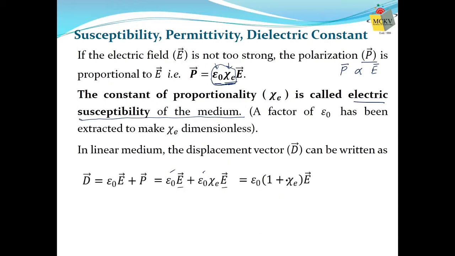When the material is fixed, this chi is constant. Epsilon naught is already constant, the free space permittivity. Therefore, this whole thing is constant for a particular material.